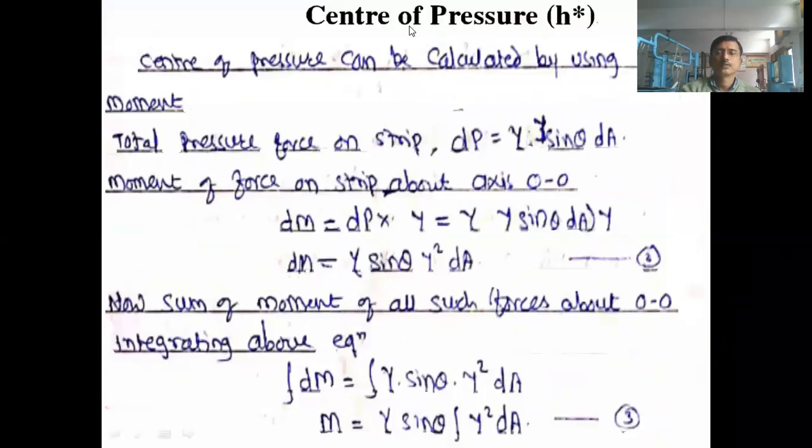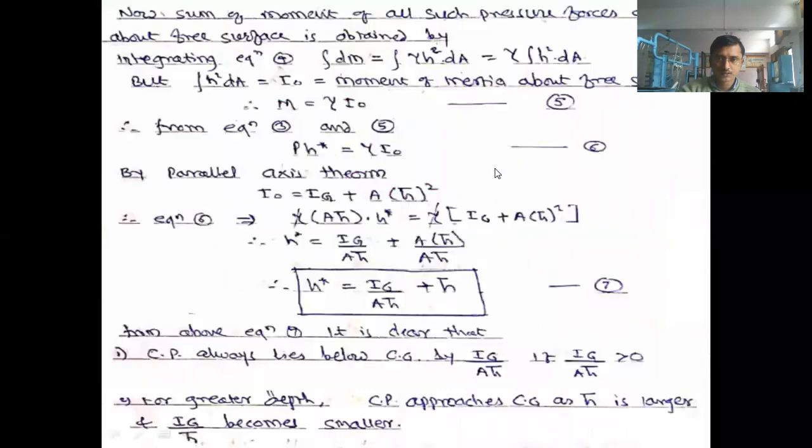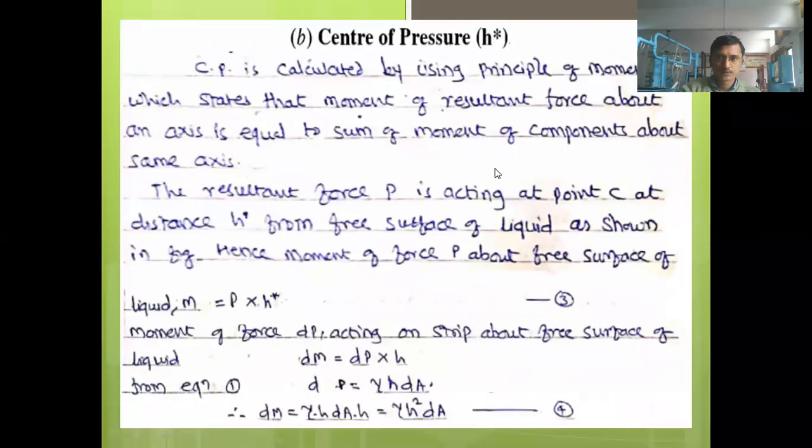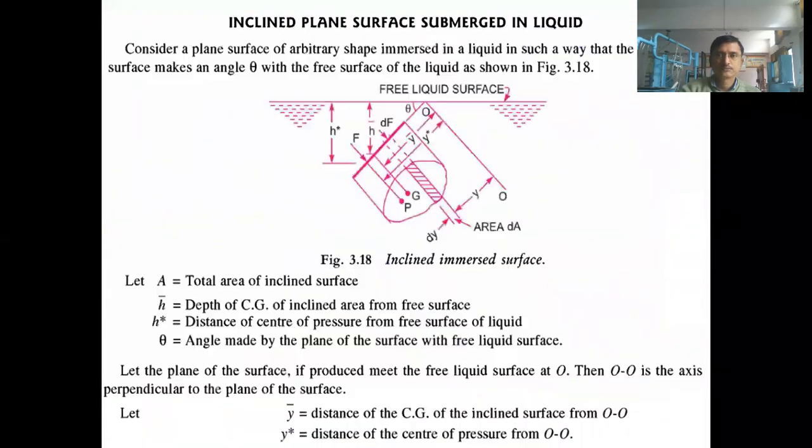Center of pressure. Now let us see how the center of pressure can be obtained. The same steps are used here. dP is equal to gamma y sin theta dA. This equation we have seen for the vertical surface also.